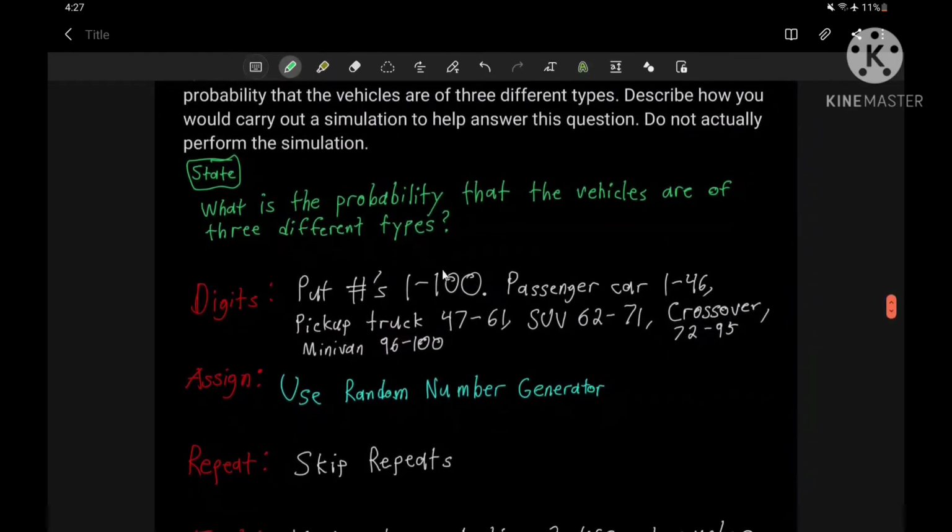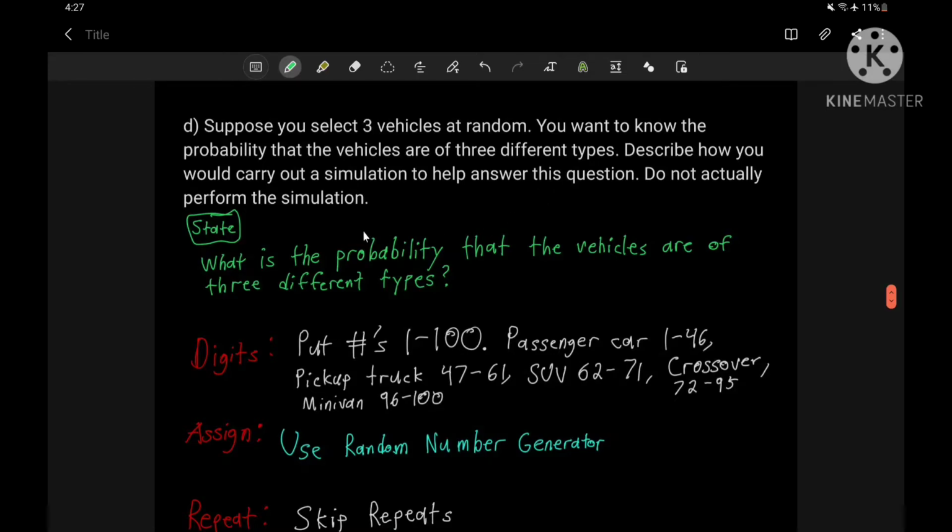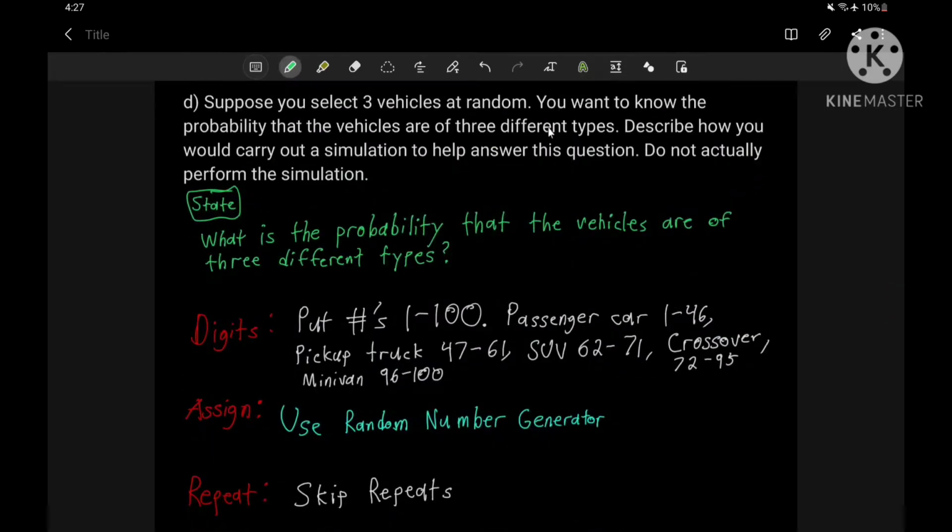The question you're trying to ask is, what is the probability that the vehicles are of 3 different types? That's the state step for this part right here.